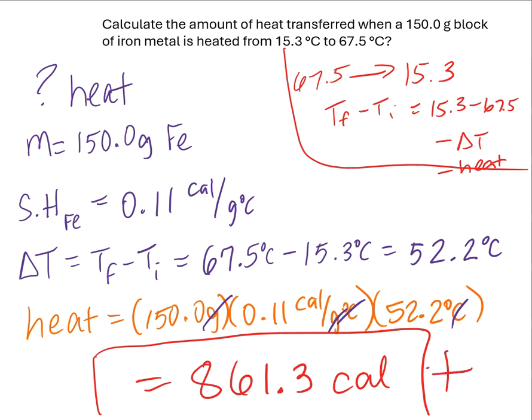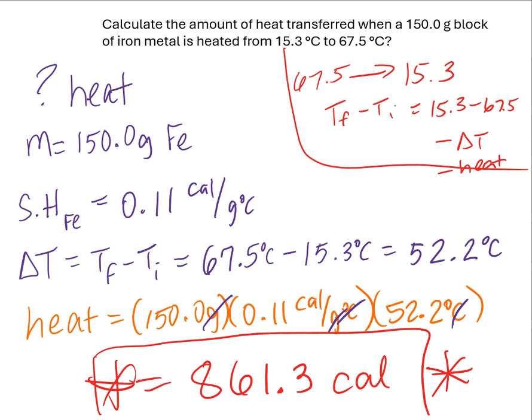Instead, our value increased, and the amount of heat that was needed for this increase was 861.3 calories. If I wanted to report this based on the rules of significant figures, I can do so. And I can also just round it to the nearest whole number. Remember, when using significant figures, the values used in the calculations are what you would actually use to determine how to report your answer.